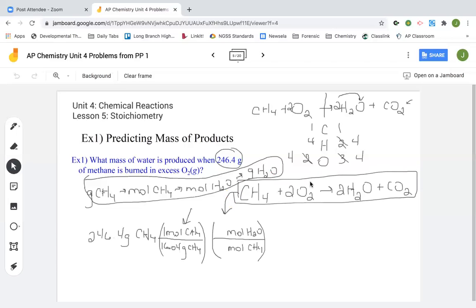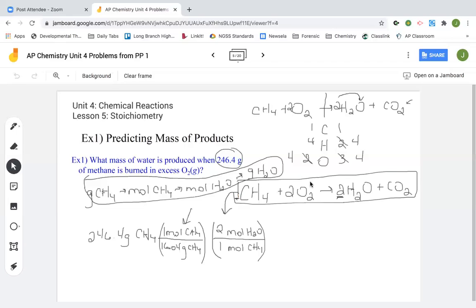The number we put in front of H2O would be the coefficient in front of water in our balanced chemical equation. So we're going to put a 2 in front of H2O. And the number we put in front of moles of CH4, again, is going to be the coefficient in front of CH4. Since there is no coefficient, we just put 1.